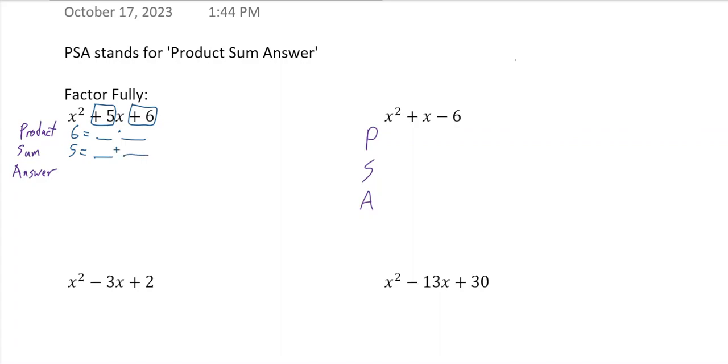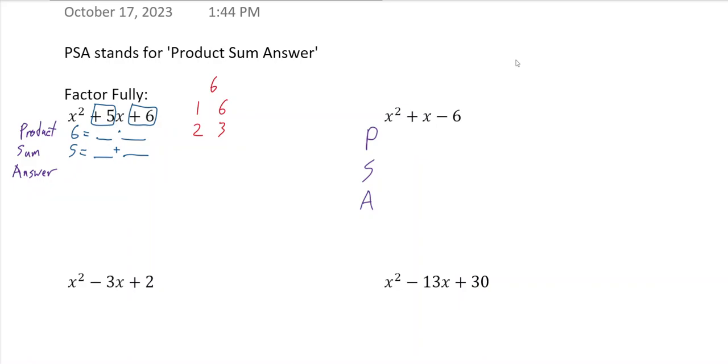Now this is where one of the previous videos, like the divisibility rules, might be helpful. These ones are pretty easy. 1 times 6 is 6, 2 times 3 is 6. Those are all the combinations. Since they are both positive, both of our numbers have to be positive and adding.